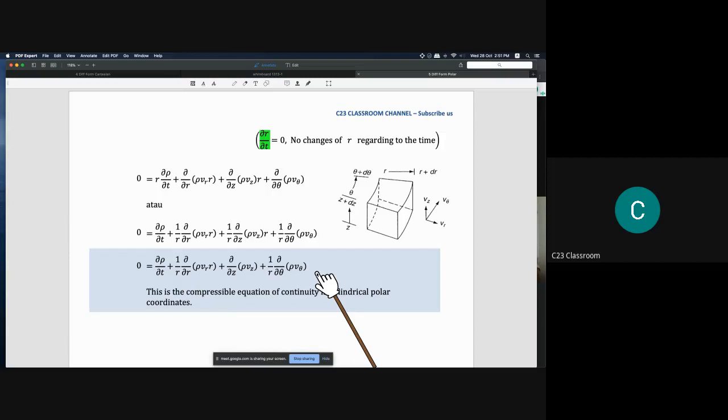But before you simplify that, you need to expand the calculation of this one, because this is the partial derivative. So you need to expand it, and then you need to neglect the value of rho. Okay, and then please try to do this at home, because it is just a simple calculation, I think. So you could have this term.